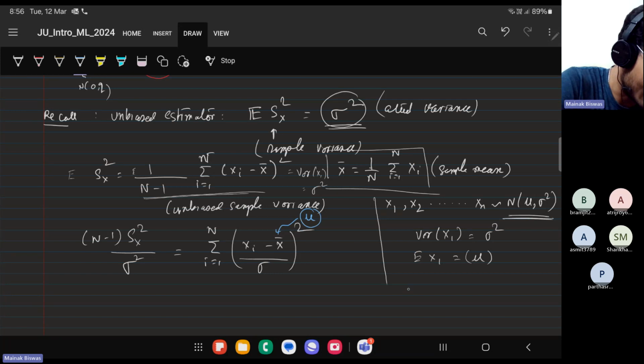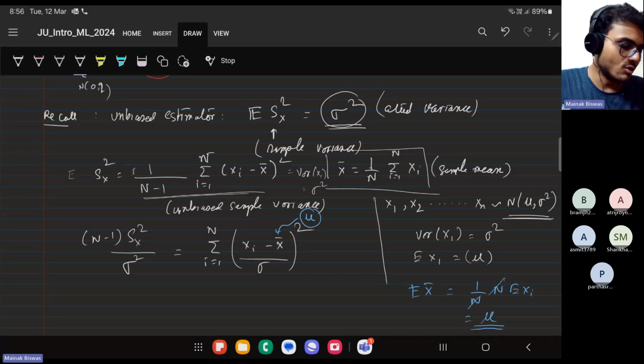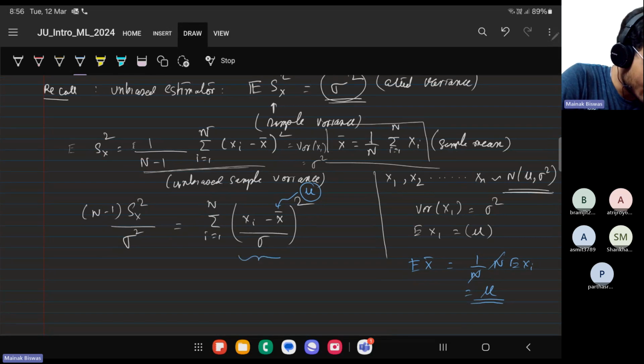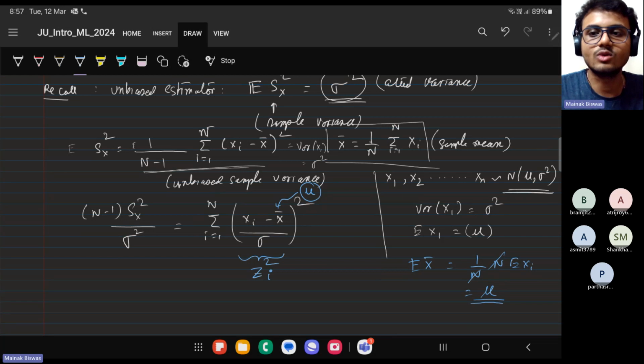Because we know the expected value of x hat is 1 by n into the expected value of the sum, so it's equal to mu. Now, what is this looking like? Do you agree this is equal to zi square? Very similar to a square of a normal.